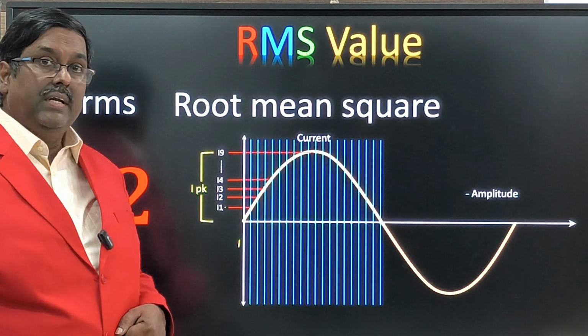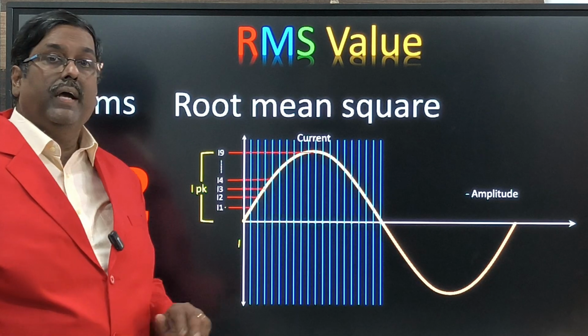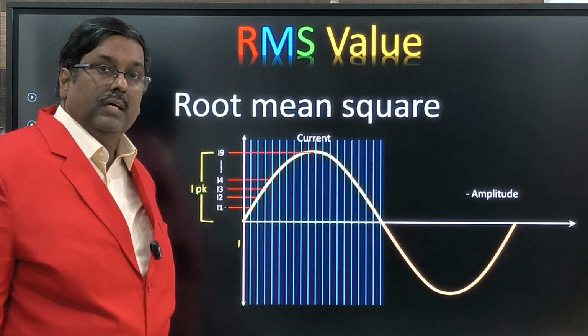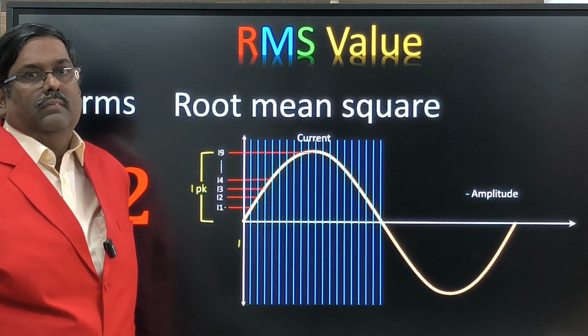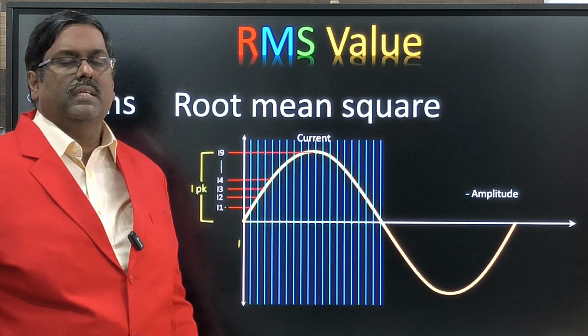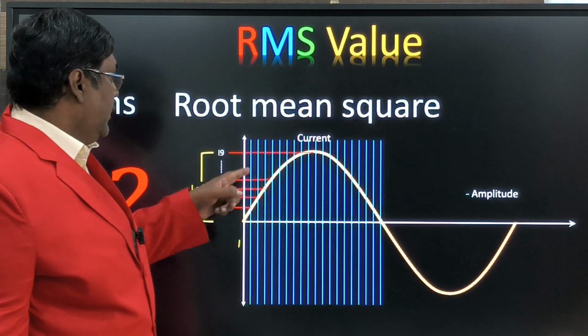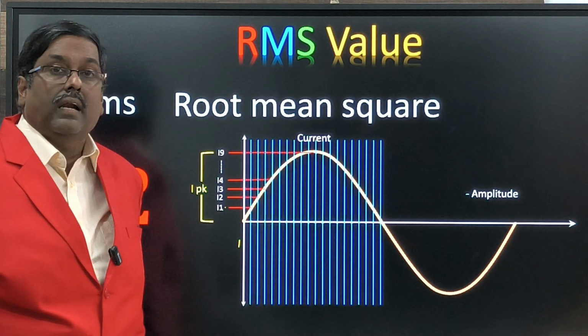But in the average, what we did is we added everything together and divided by the number of parts we divided into for making the average. The number of parts is required. How many divisions you divided is important. We added all the current values in the numerator.